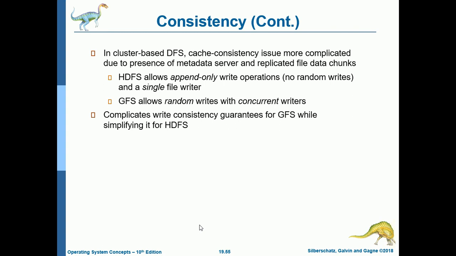This complicates write consistency guarantees for GFS while simplifying it for HDFS. Of course, cache consistency is very complicated with cluster-based because the metadata server has the list of the chunks and which data server holds that chunk. So of course it will be more complicated compared with the other setup.